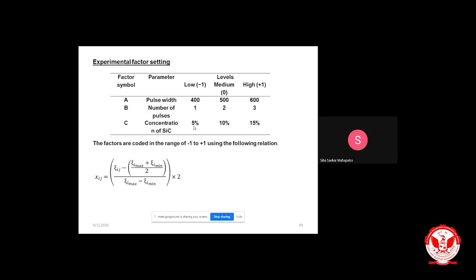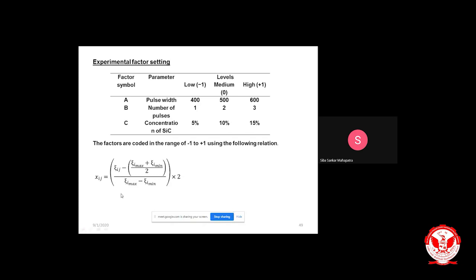Now all these factorial values, which are in the natural variable, are converted into coded variables using this equation. For conversion to the coded variable, there is no standard formula available; you have to find a formula for your own experiment.